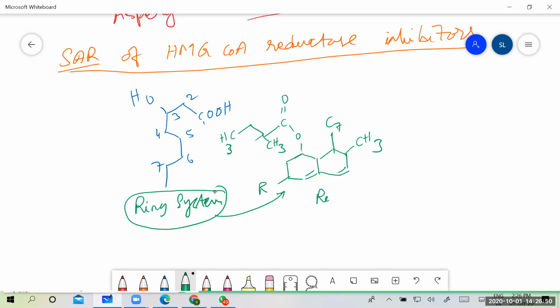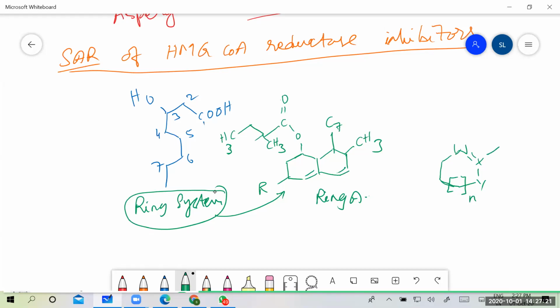Okay, so this is the ring A, and in the previous discussion we have also seen that even without this bicyclic system there is the possibility to have HMG-CoA reductase inhibitors. Okay, and this is the common structure for such compounds where the bicyclic system is absent.